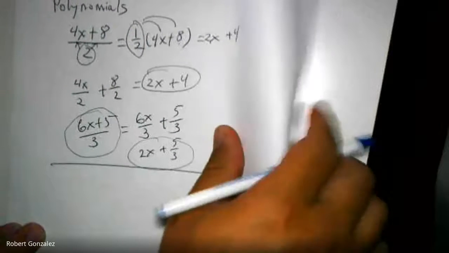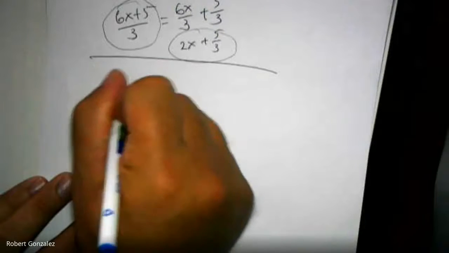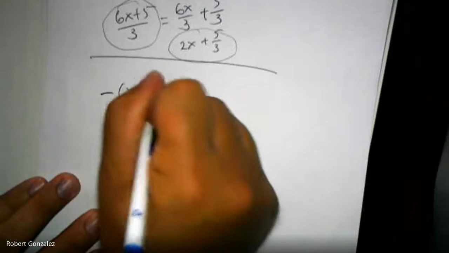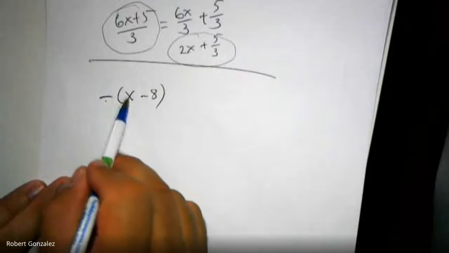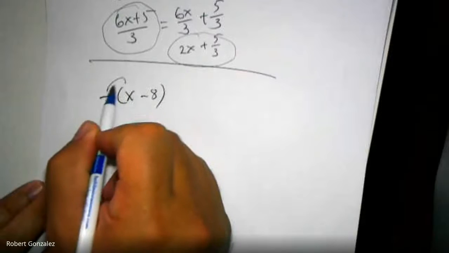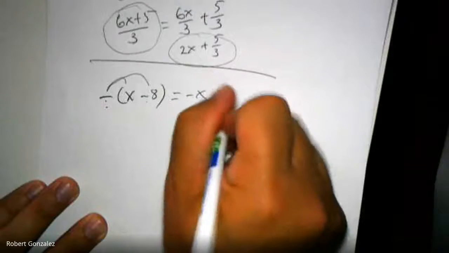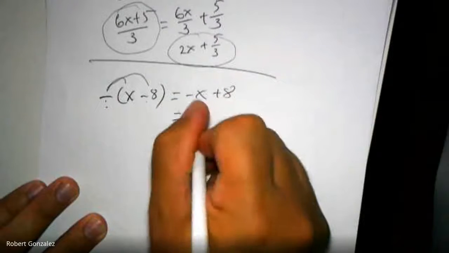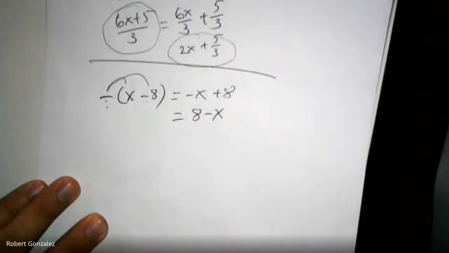Next thing. What happens when you have a minus sign out in front of a binomial that has a subtraction sign? If I were to distribute the negative sign, which is like distributing -1, I would get -x, and I would get +8. I could rewrite that as 8 minus x.